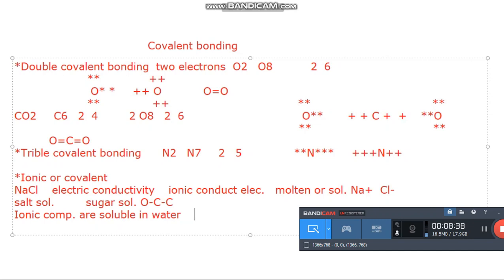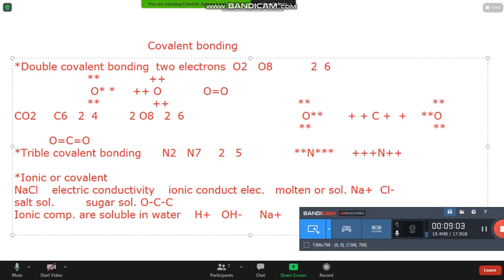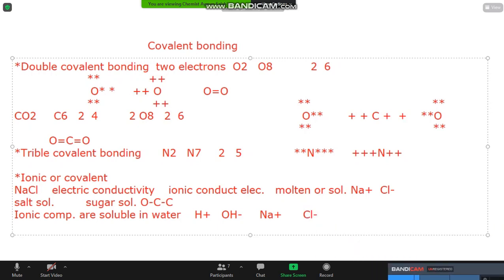Because water consists of hydrogen ions and hydroxyl ions, OH negative. And we have, for example, sodium Na plus, the sodium ion, which is positive, and the chloride ion, which is negative.